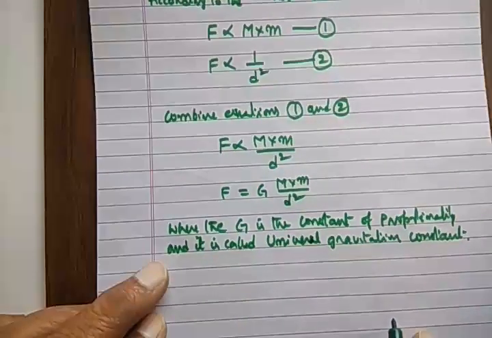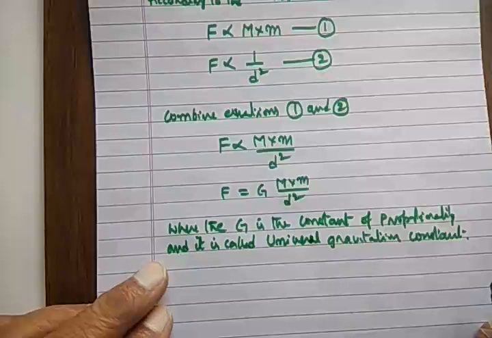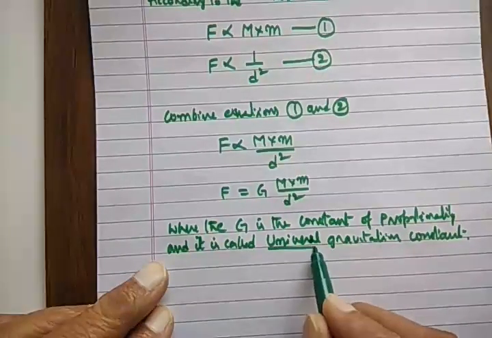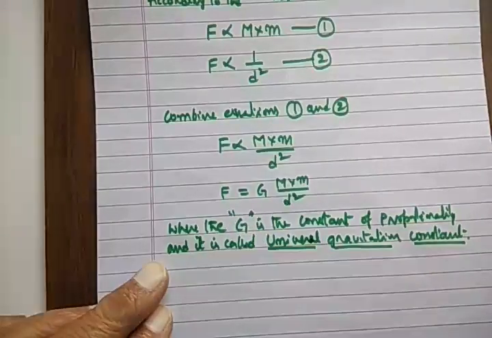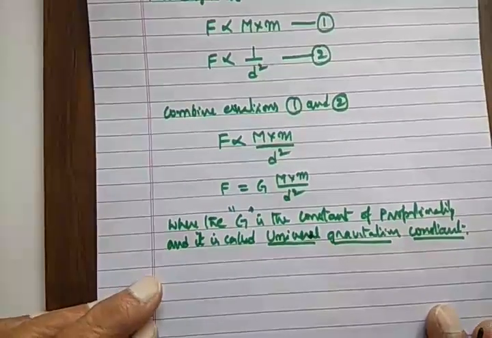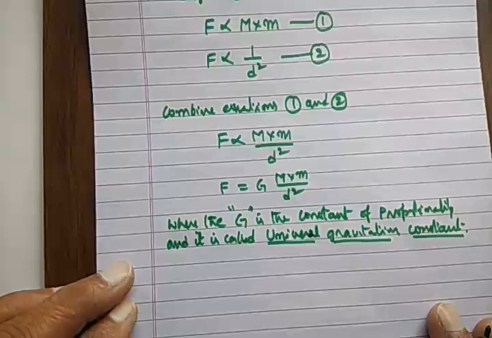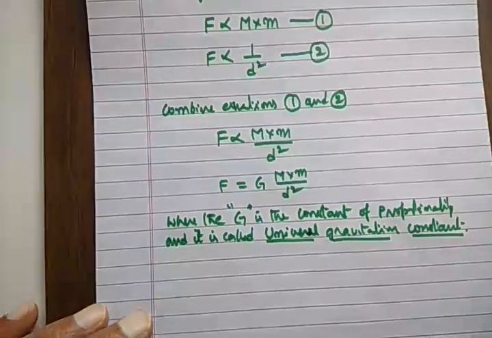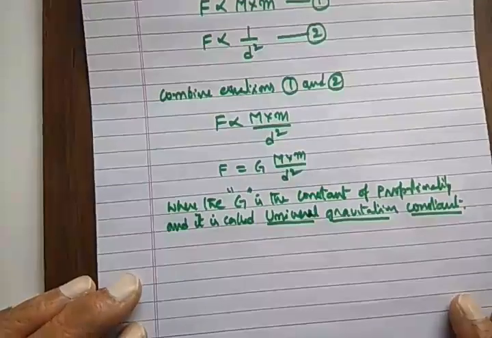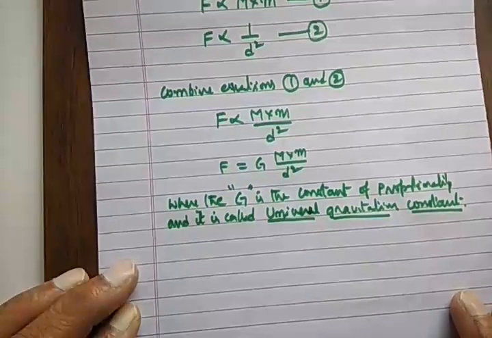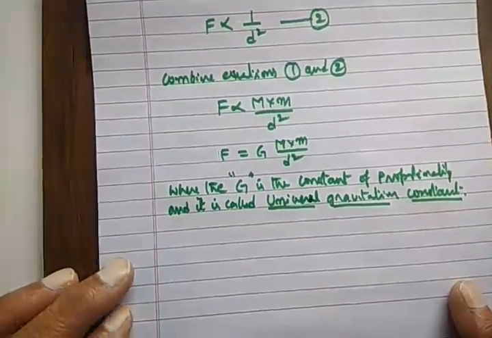So it is a constant. So we will call it as universal gravitation constant. That is G. G is the universal gravitation constant. So we want to know the value and the units of it.